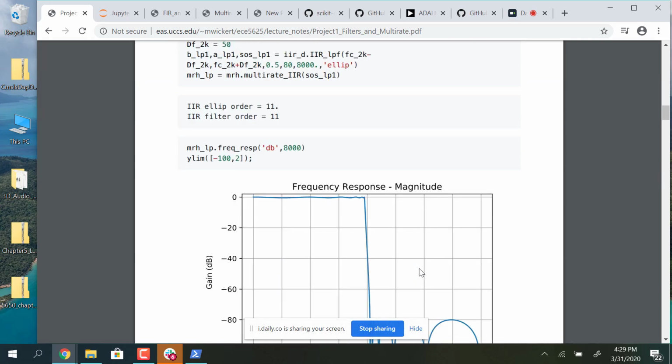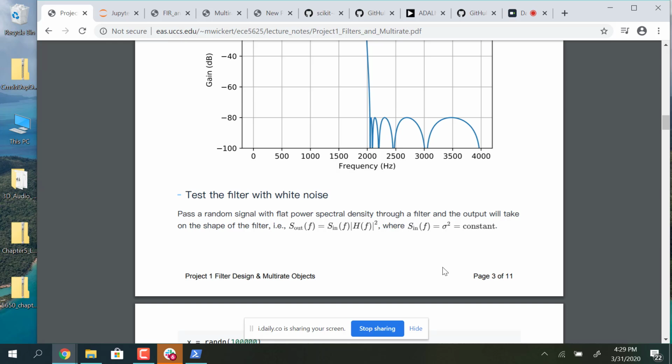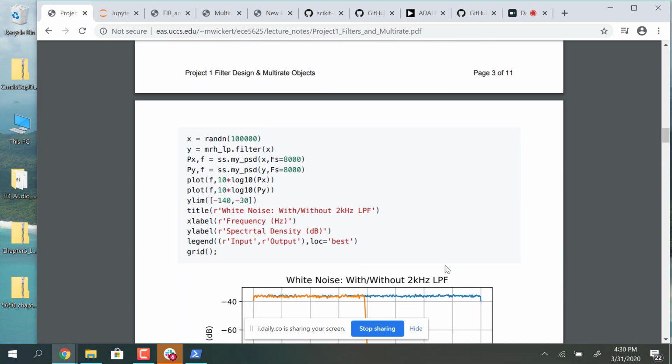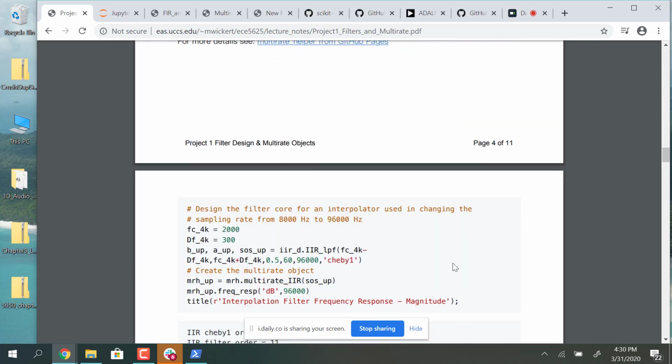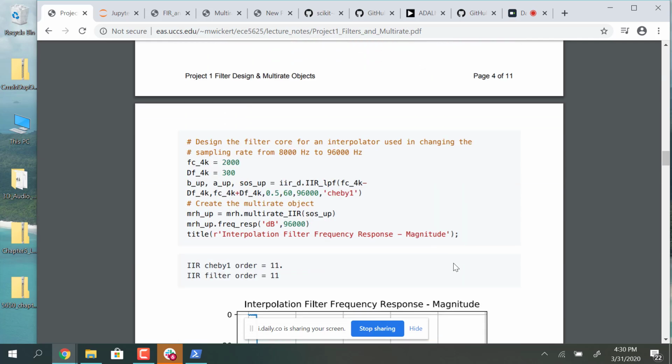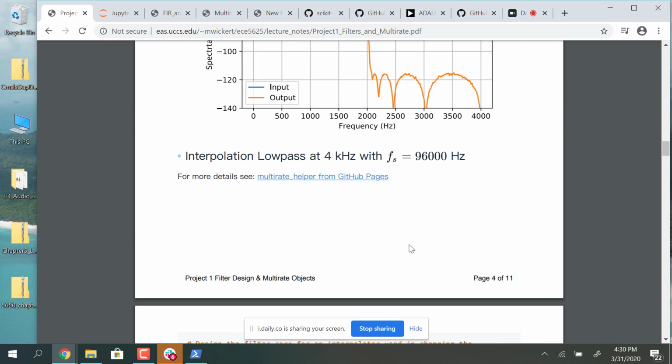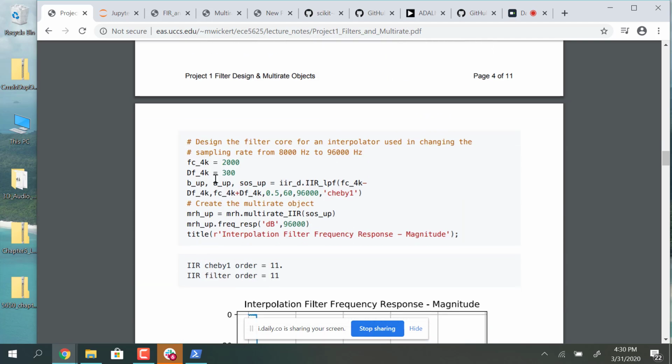I walked through some examples in here about how you might design the filters. In particular, one of the things I spend a lot of time on is, suppose this is your interpolation low-pass filter, which has a sampling rate of 96K and a cutoff at 4K. I design it using the filter design functions in my toolbox, IIRD, and you're going to design an IIR low-pass.